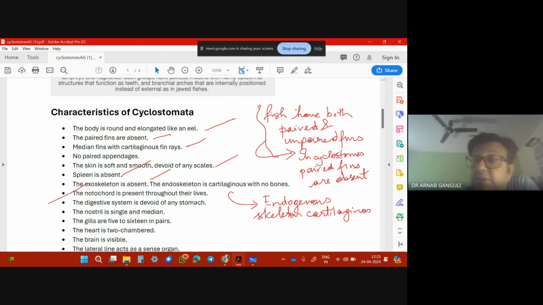Notochord is present throughout life, but it is covered by something like a vertebra. So eventually, in vertebrates, the notochord gets converted to vertebral column.